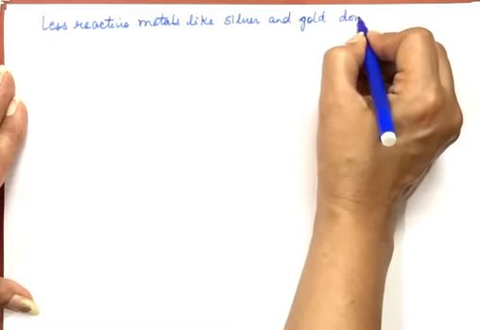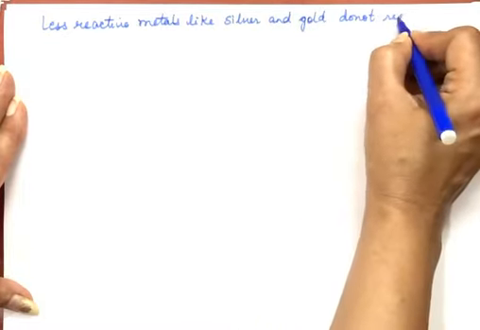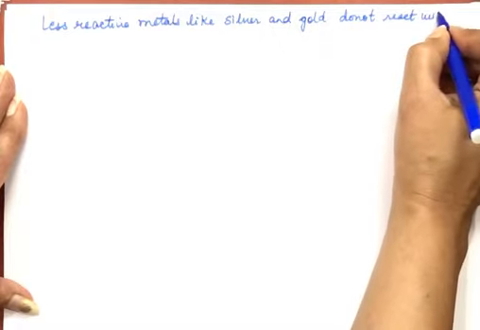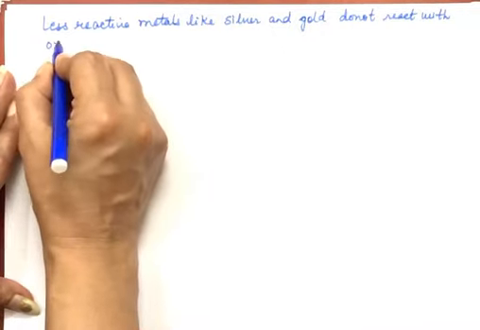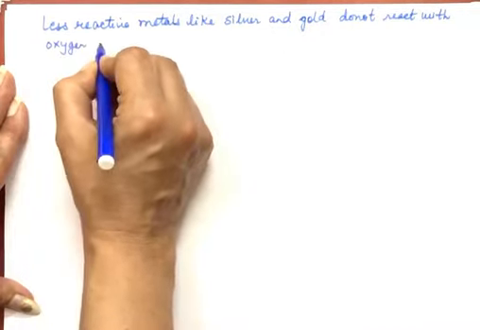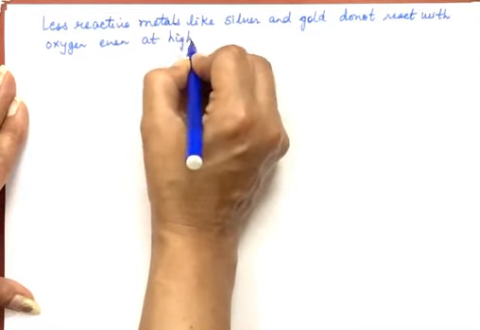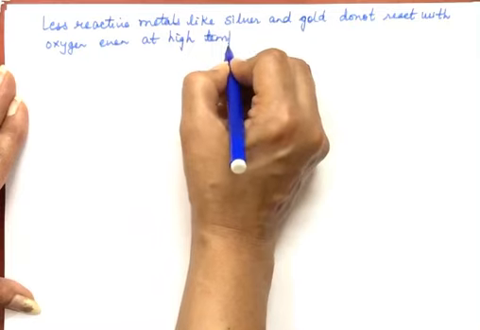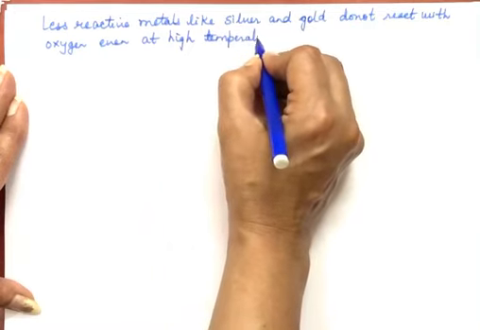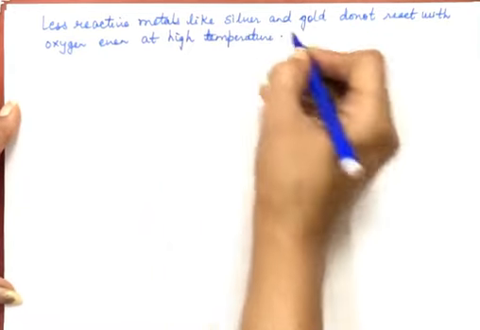They do not react with oxygen, even at high temperature. If we burn them, then also they will not react. So that is why these two metals are examples of very less reactive metals.